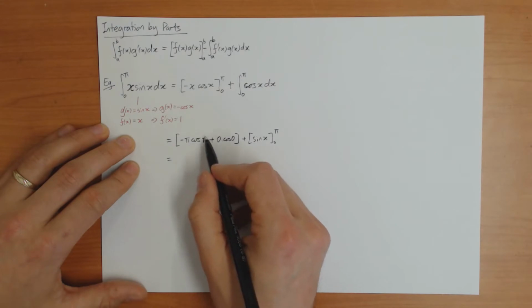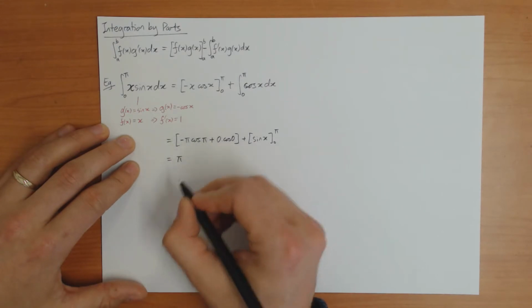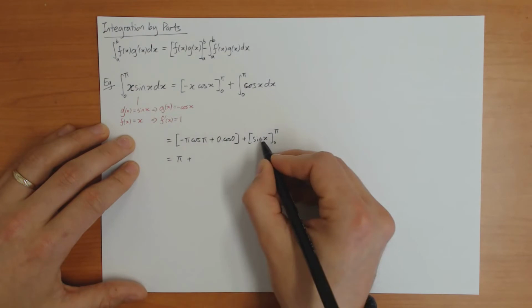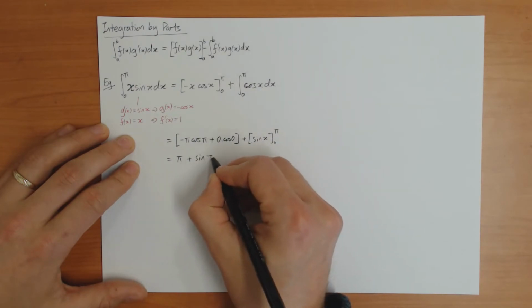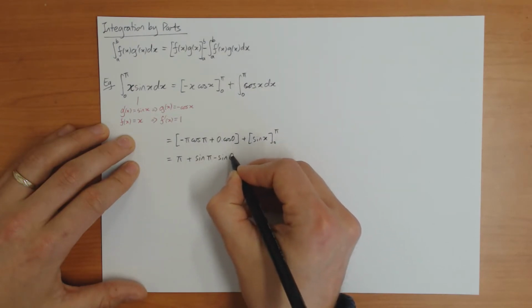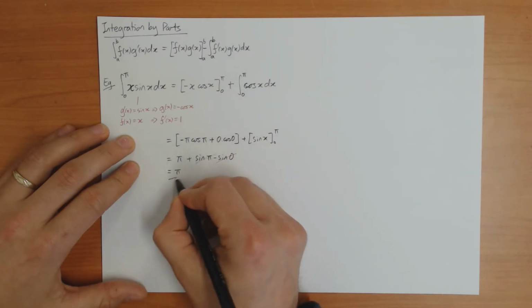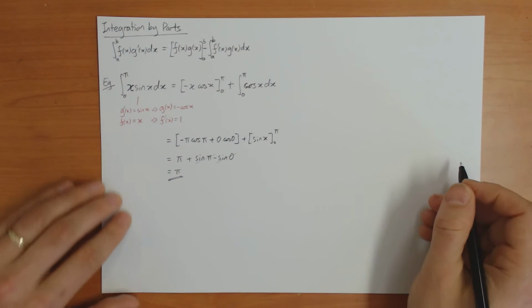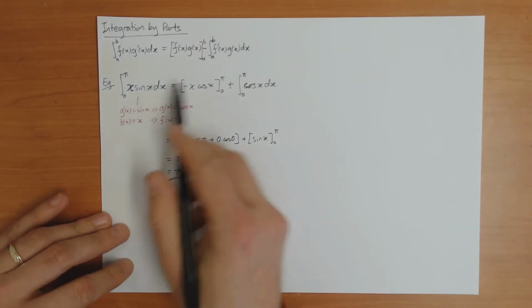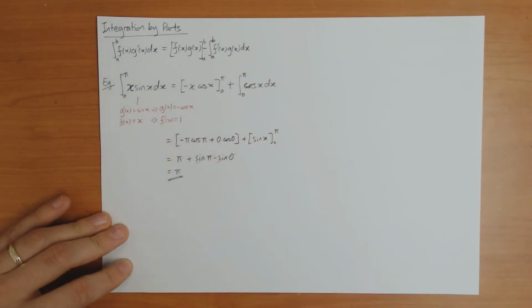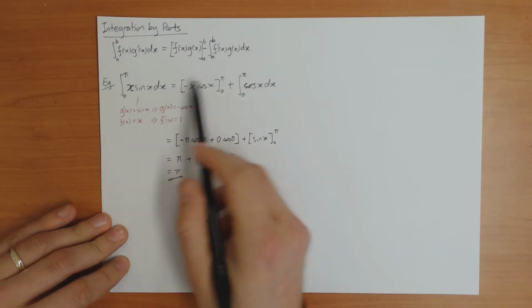So cos of pi is minus 1, so this first term just gives me pi, and this term gives me sine of pi minus sine of 0. But both of those things are equal to 0, so the answer is just pi. Okay, so that's an example of integration by parts.